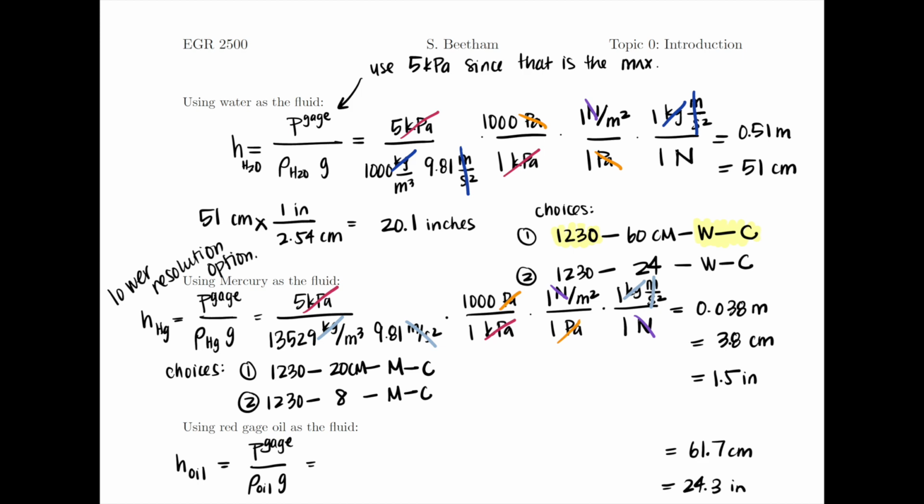All right, so that's great. So using our water as our first fluid, we're going to use H for H2O is equal to P gauge over rho H2O times G. And we're going to use 5 kPa since that's the max.